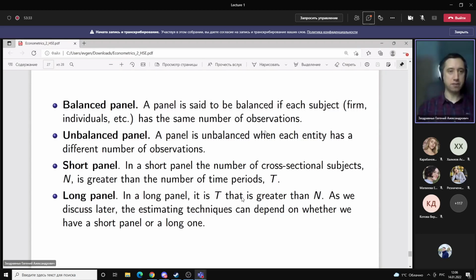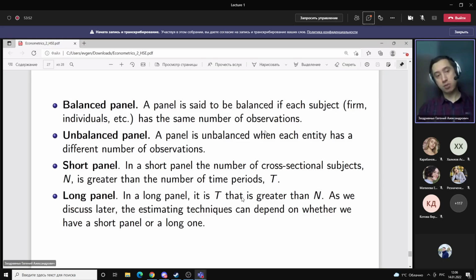So the theory of unbalanced panel estimation is for advanced econometric courses, or intermediate econometrics at least. But anyway, we will work with unbalanced panels too, though we will skip the theoretical issues.